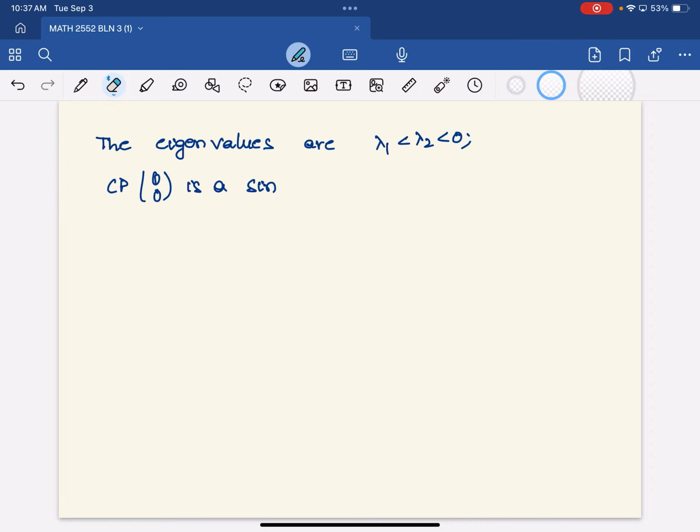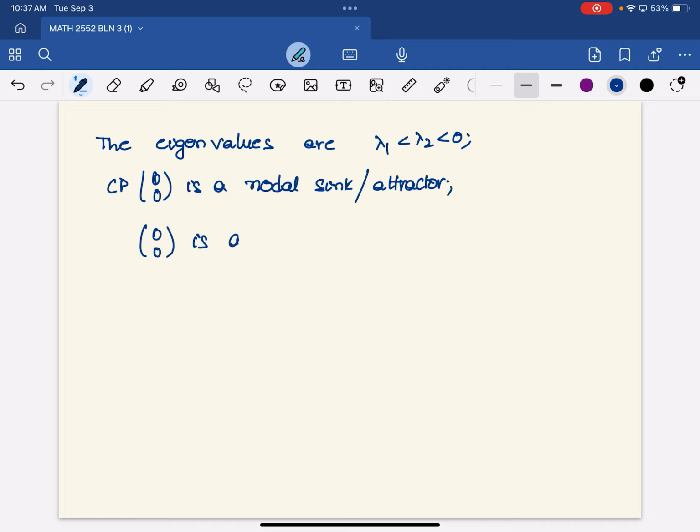Different textbooks describe it in different ways: a nodal sink or an attractor. And the critical point 0, 0 is asymptotically stable. So we're now going to sketch the solution curves and see how they are going to go to the origin. That's all that's left. Is that clear?